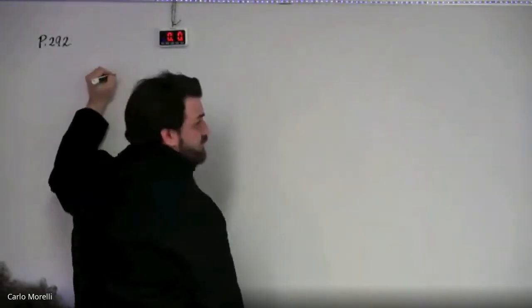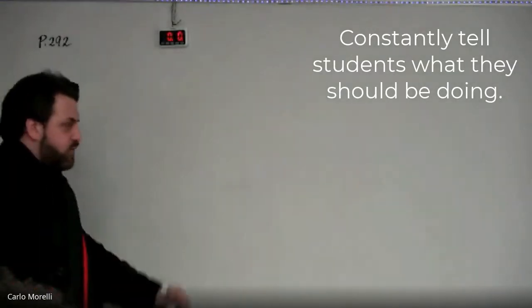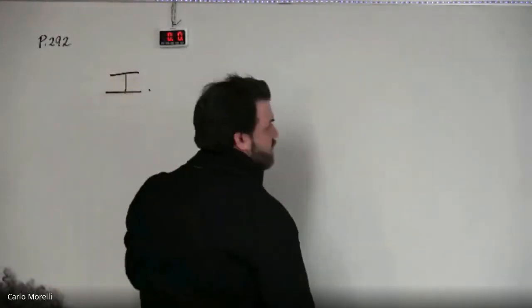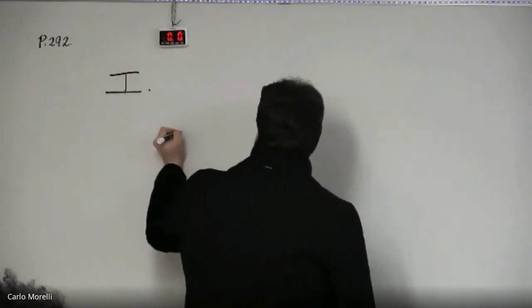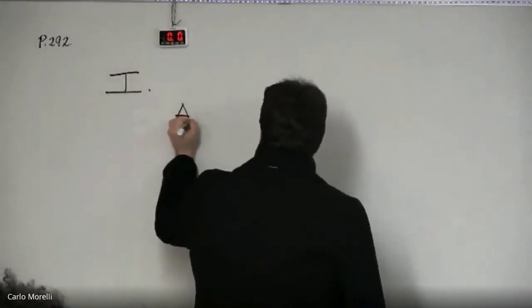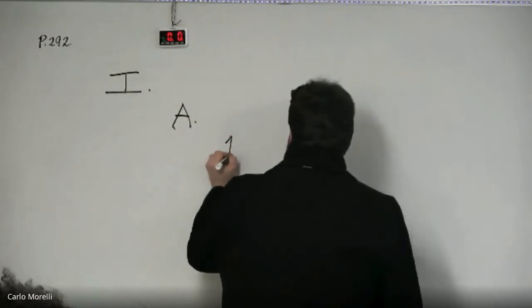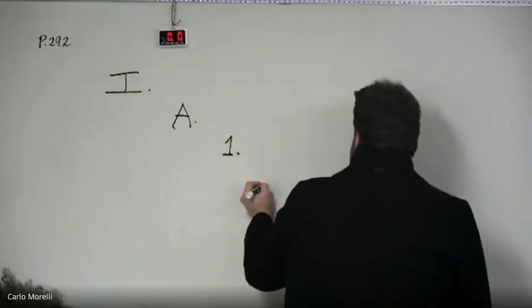So what we're going to do today is use something called, ladies and gentlemen, outline formatting. Don't write this down, just watch. This is what I mean by outline formatting. First, we start with a Roman numeral, and then we indent, and then we do a big capital letter, and then we indent, and then we do a number, and then we indent.